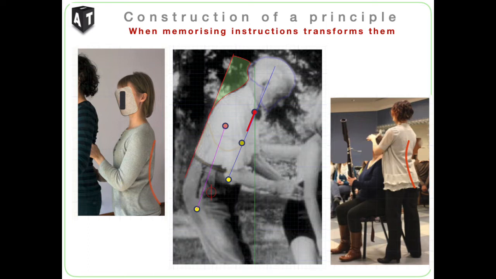This goes back very long, because I have many videos where I see the first generation teachers, when they are putting hands on people, not in fact implementing the geometry Alexander considered to be a geometry of mechanical advantage.